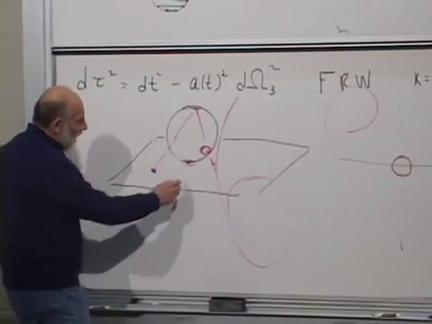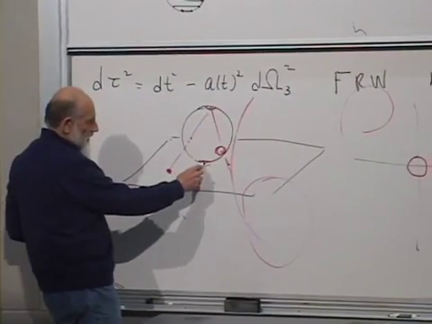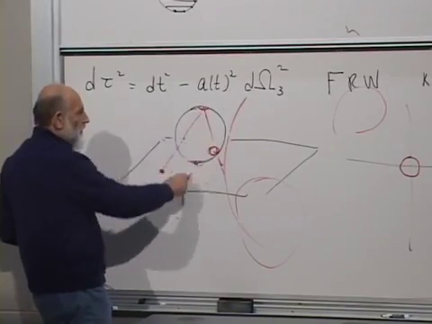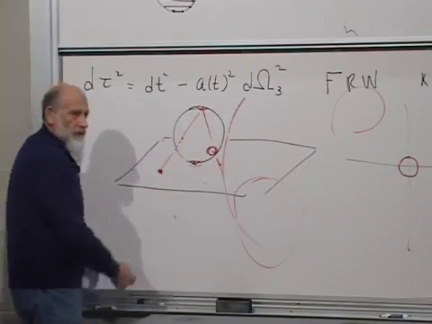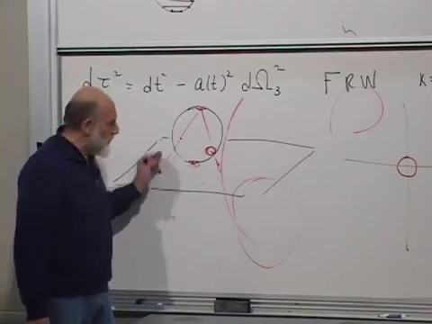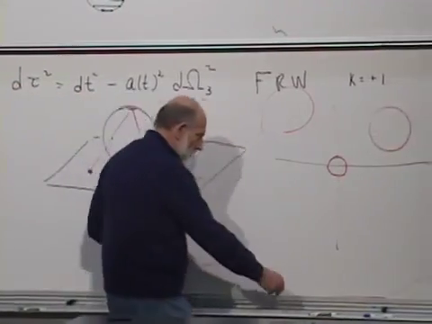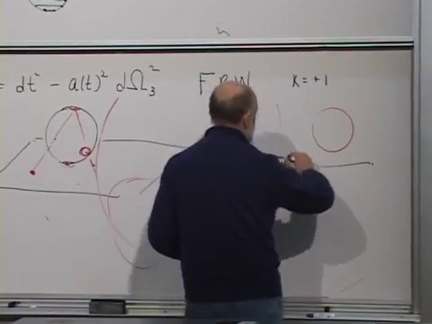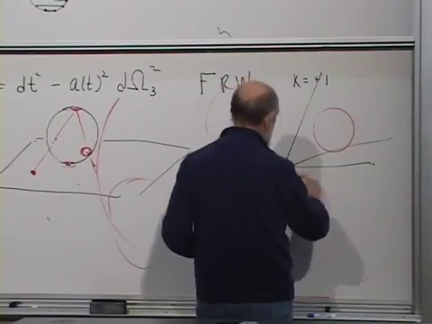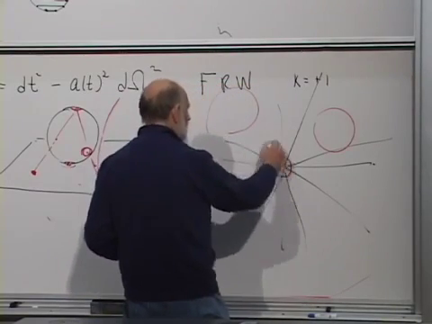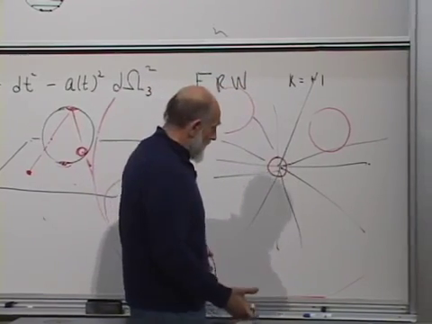Now, straight lines or geodesics that emanate from the South Pole here, those are just great circles, lines of constant longitude. They look like straight lines here in this picture. They just look like this. And they're characterized by an angle of longitude.